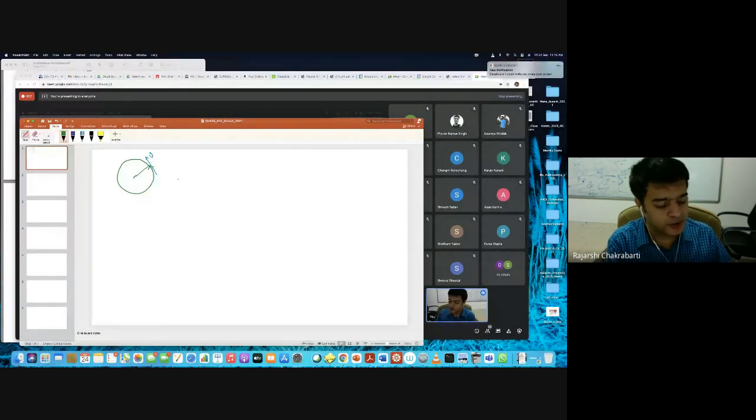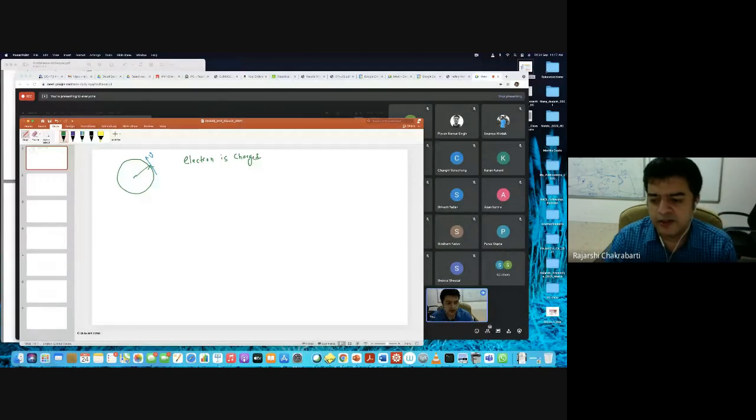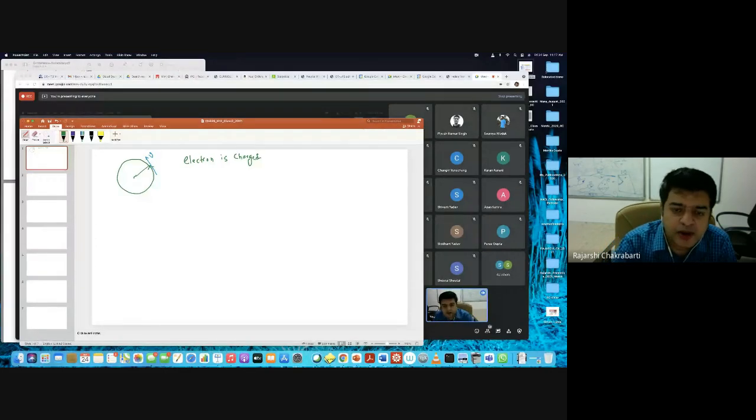Basically the electron is charged and it is revolving around the nucleus. So it will have something like a magnetic moment.